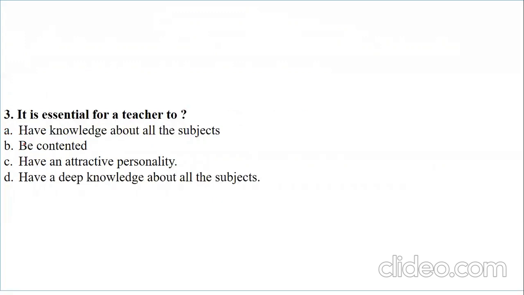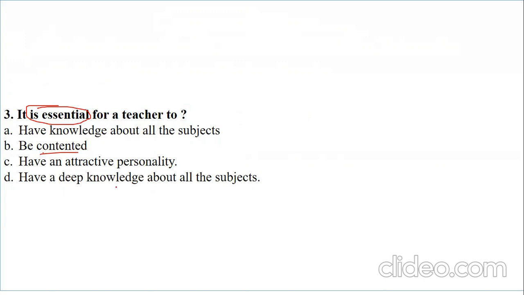Now, when we go to question number 3: it is essential for a teacher to do what? Now let us see what a teacher has to do. What is essential means what is more important for a teacher to do. To have knowledge about all the subjects, be contented, which means to be happy, have an attractive personality, have a deep knowledge about all the subjects.